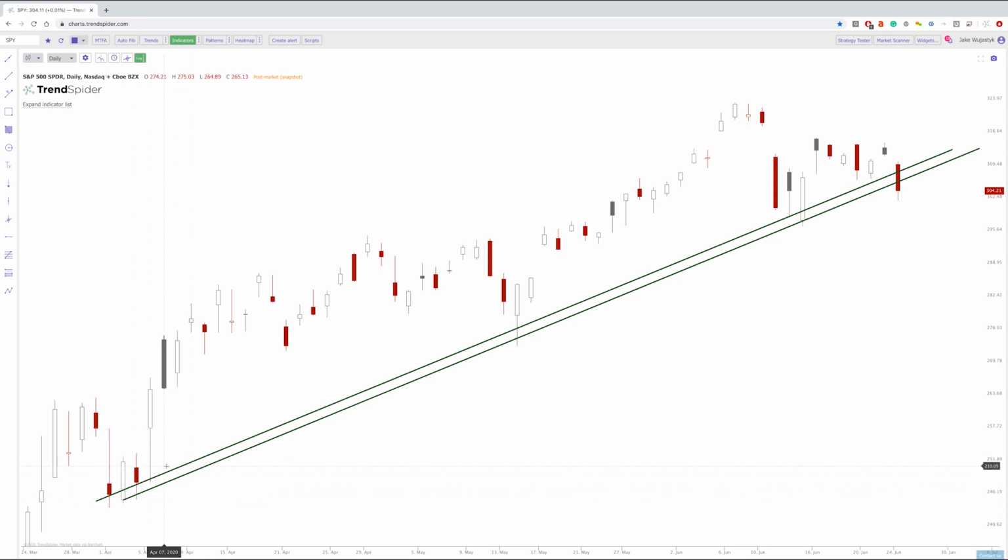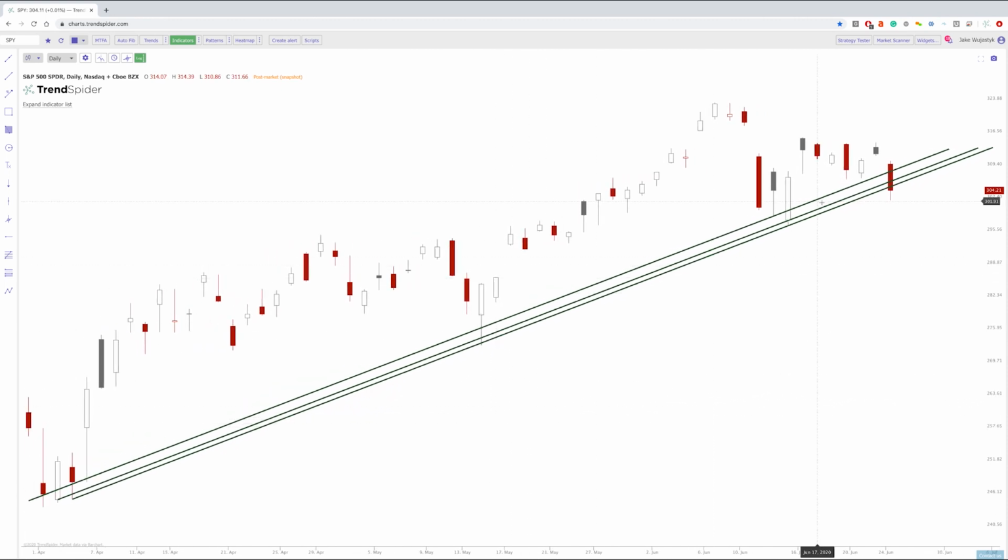Now what I'm going to do next is I'm going to clone this again, and I'm going to connect the wick to the next wick, which is right here. So I'm essentially connecting this wick right here to this wick right here. Now it's not perfect, but notice something that happens here. We have this area where price action has respected these areas incredibly well.